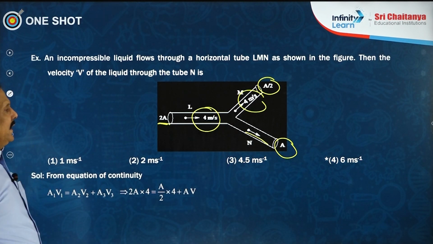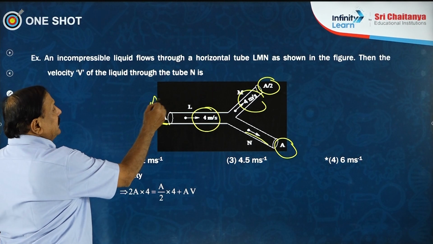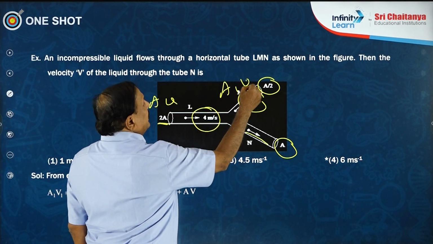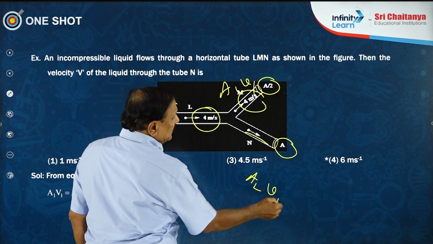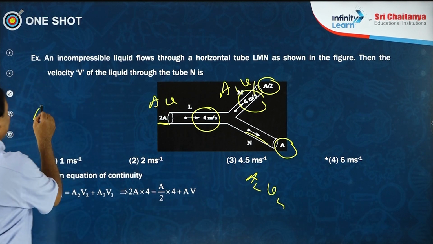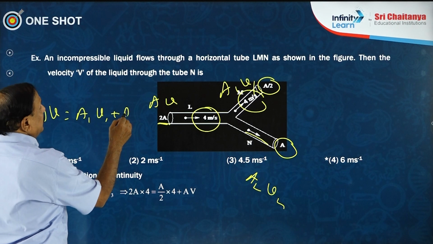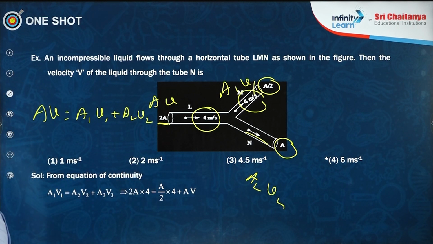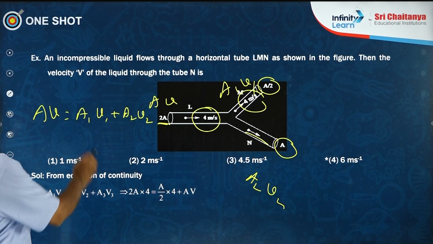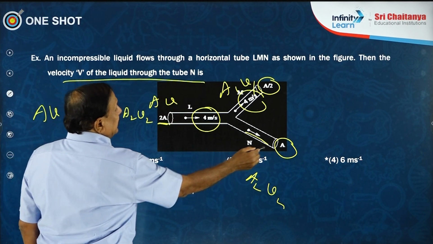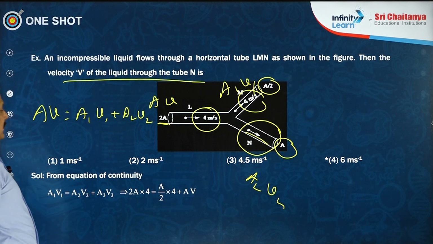We can calculate here AV, here A1 V1, here A2 V2. Just now we have written AV is equal to A1 V1 plus A2 V2. We can apply that and calculate the velocity of the liquid flowing through the tube N, this one.